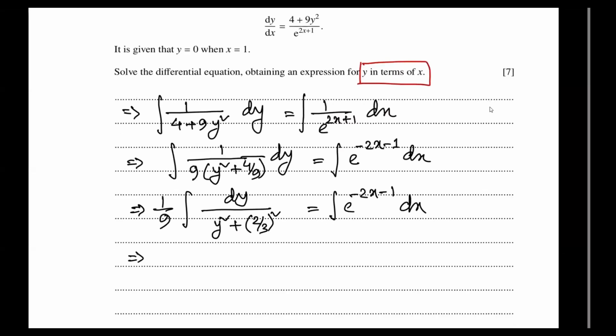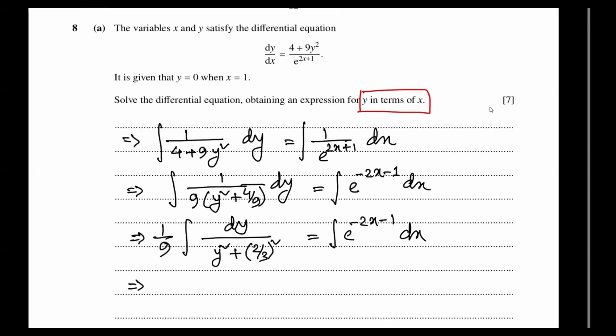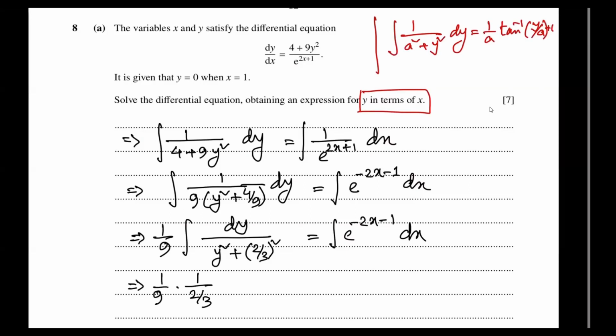Remember, integration of 1 by a square plus y square dy equal to 1 by a tan inverse y by a, plus c. So we have here 1 by 9 into 1 by a, 2 by 3, tan inverse y by 2 by 3.